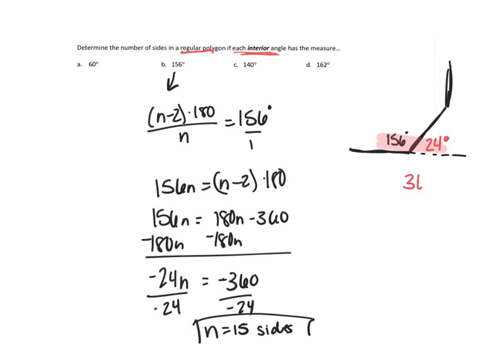And I know the sum of all my exterior angles is 360 degrees no matter what the number of sides is. And then if all the exterior angles are the same, because again, it's regular, I would just divide by 24 and get 15 sides. So that is two different ways that you can use what we know about an interior angle to figure out how many sides a polygon would have.